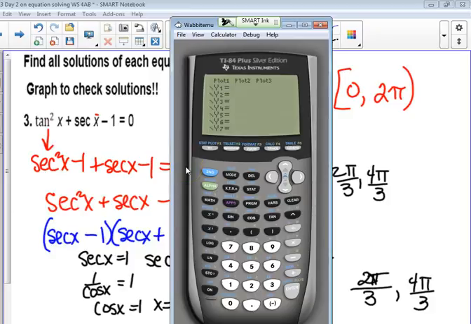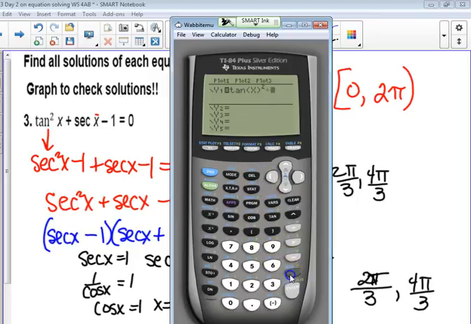How do we type that in? Tangent of x, close parentheses, squared. I think that works on all of them. I used to have to type parenthesis tan x close squared, but I think it'll work if you just put it on the outside of the parenthesis now.